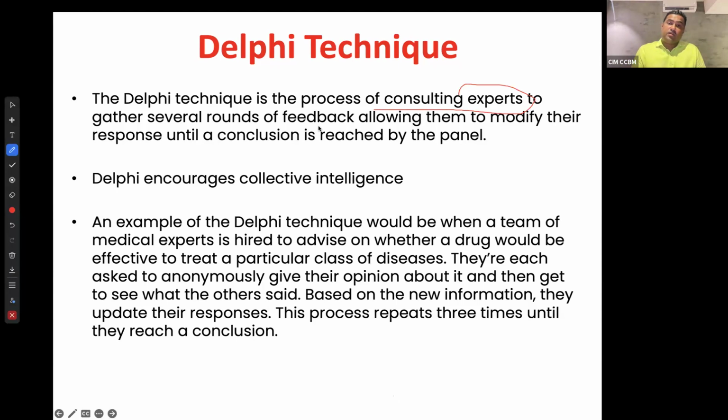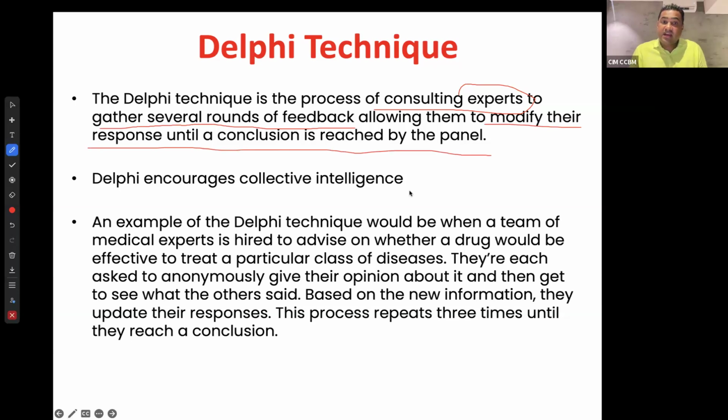To a certain extent, in the Pizza Hut example, you also got housewives, fathers, all that in the focus group. But here you get experts, let's say doctors, pilots, architects, professionals, to gather several rounds of feedback, allowing them to modify their responses until a conclusion is reached by the panel.